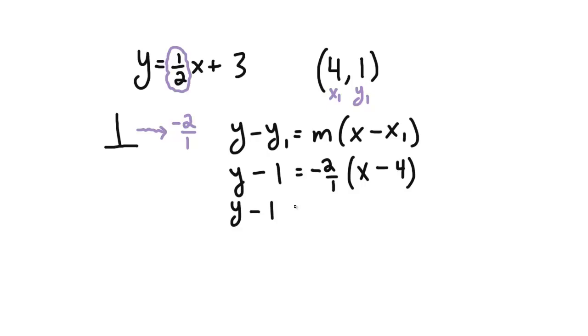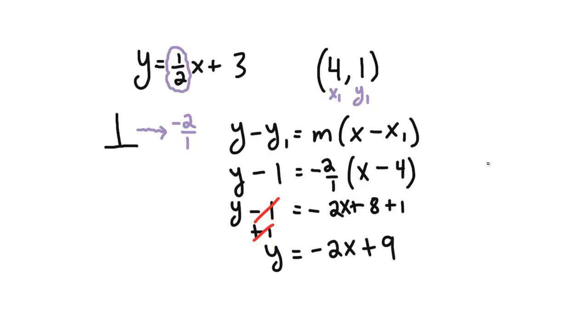Y minus y1 on the left hand side, so we have -2 times x, so that's just -2x, and then -2 times the -4, that's a +8. Oh, don't forget about the x here. And now all we have to do is just add 1 to both sides. So this -1 and +1 will go to 0, and then we just have y equals -2x plus 9.